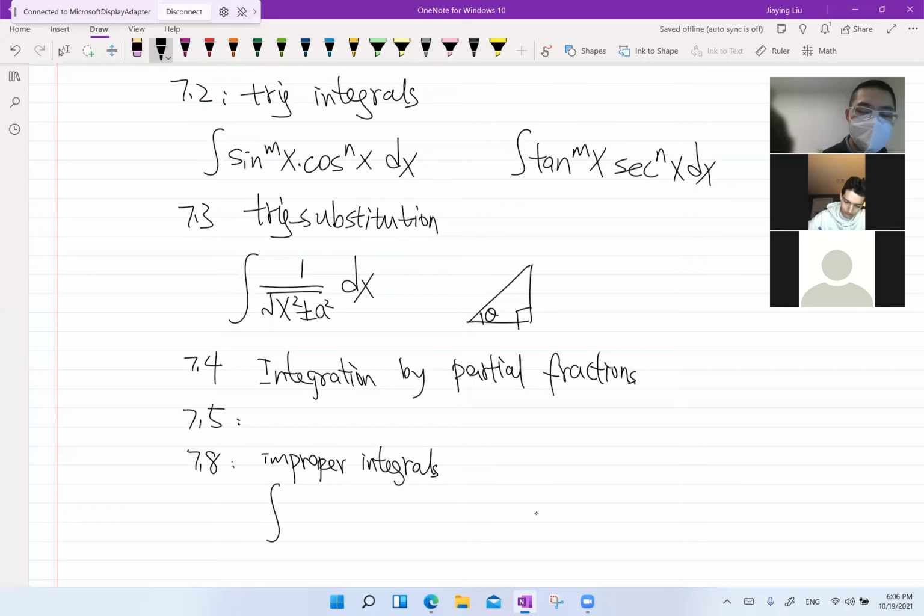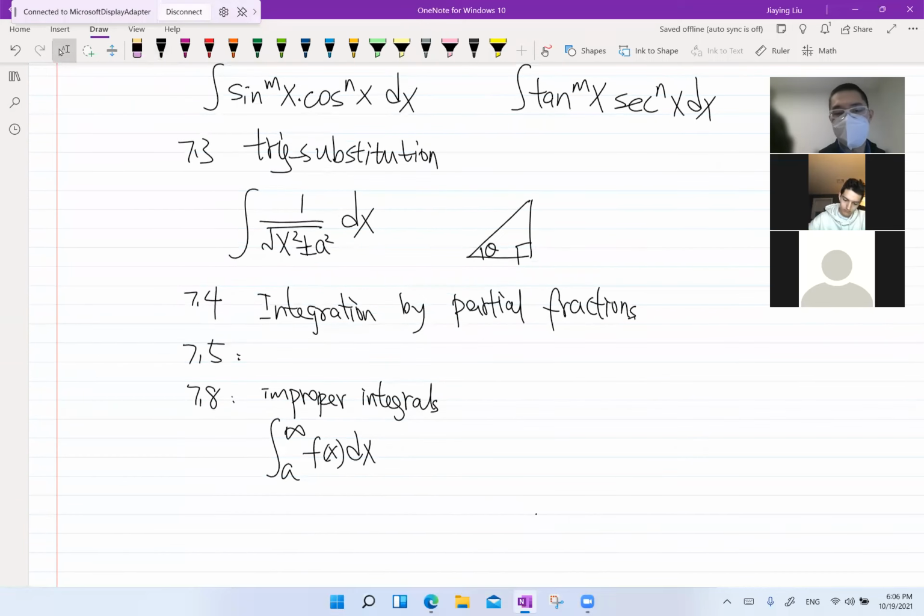That gives you two cases. One is that you might have infinity or minus infinity in the boundary values. This is what I've been telling my sections: when you try to integrate this, don't just find the antiderivative directly. Make sure you use the correct limit notation.